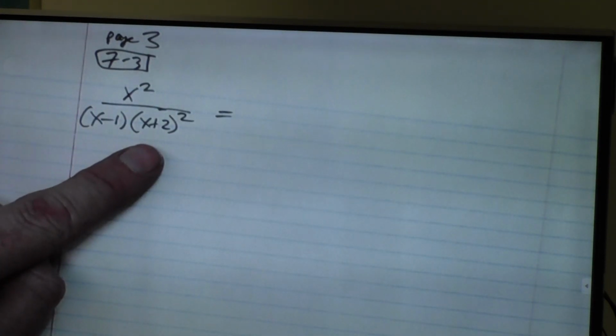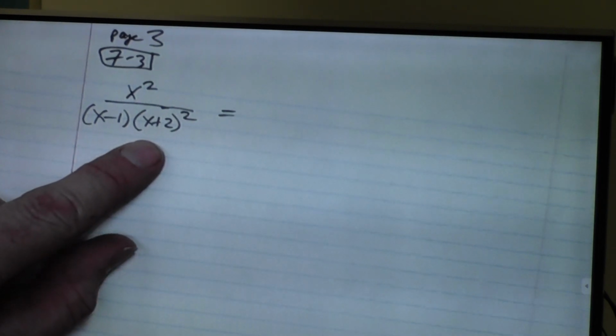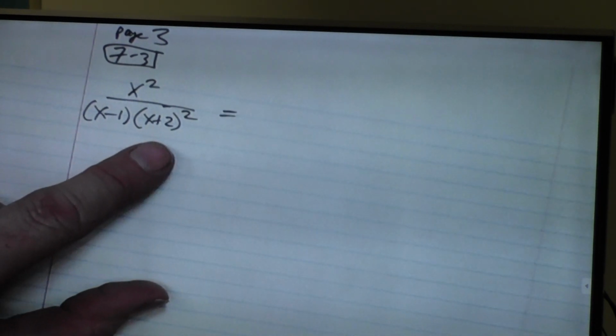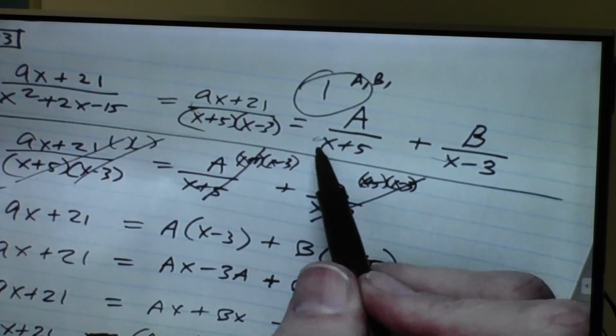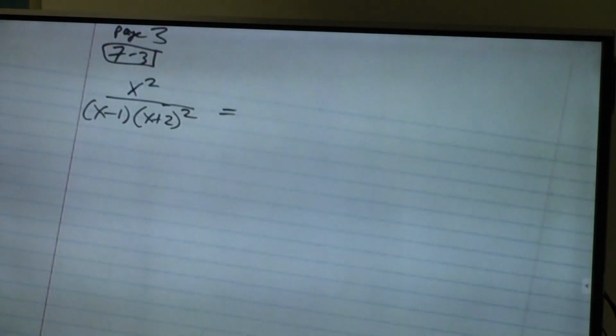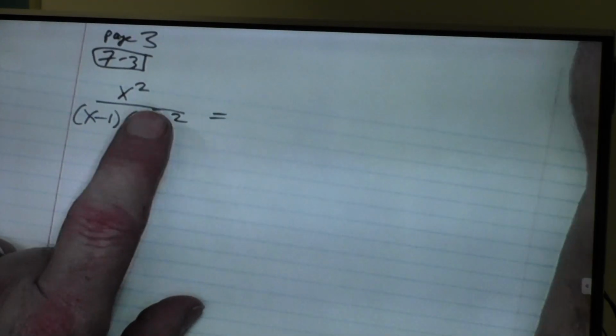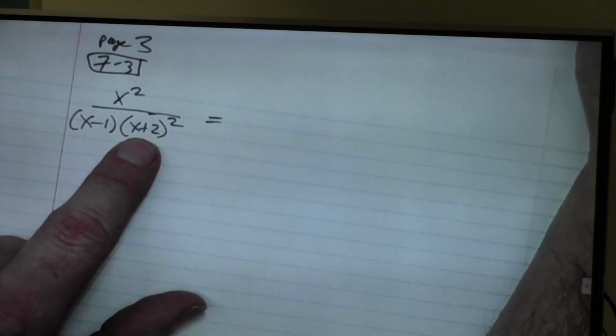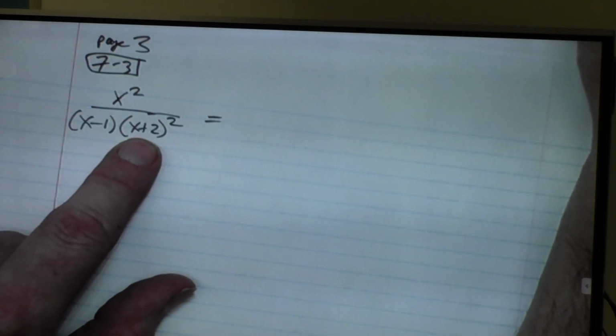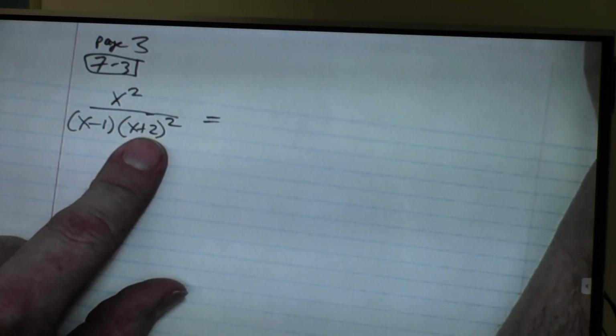So we have a complication on the bottom. On the problem a moment ago, it had two binomials, so basically each binomial got its own fraction. Same thing's going to happen here, except we have three binomials, and one of them is doubled here. It has a multiplicity of two. So what we're going to do is deal with that differently.